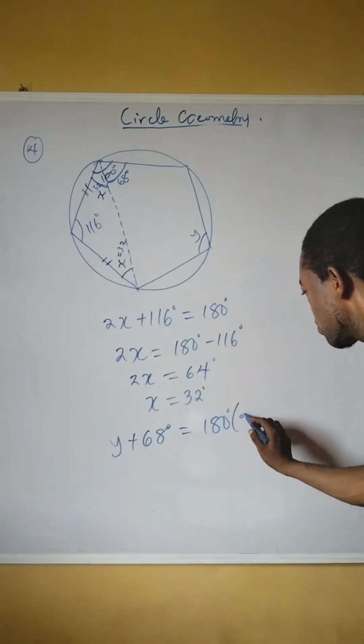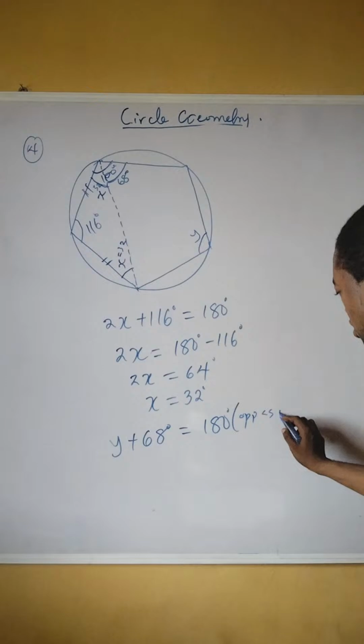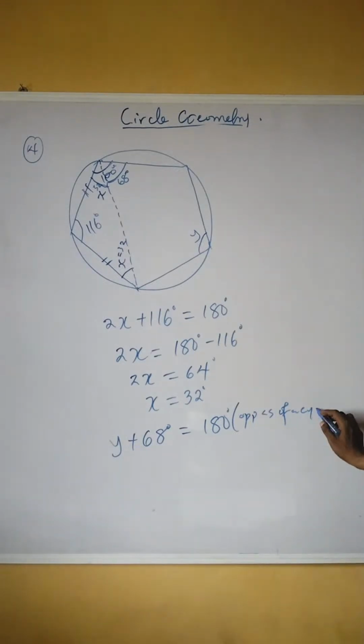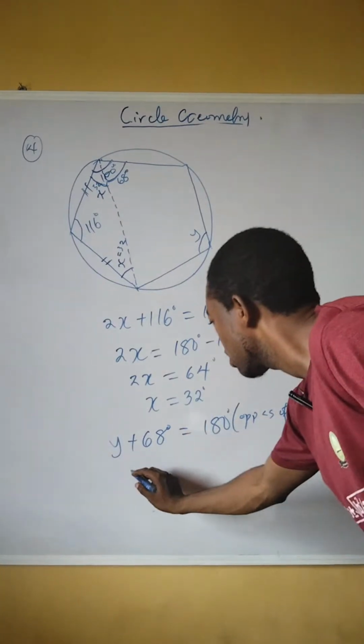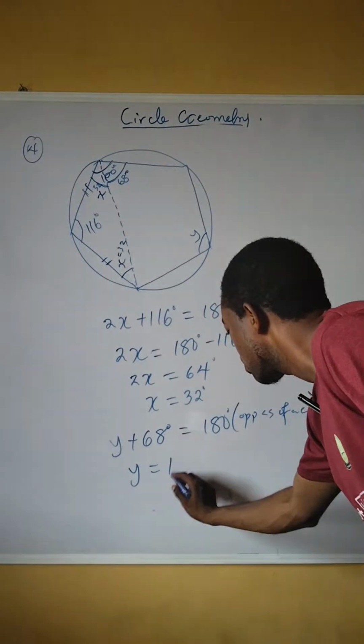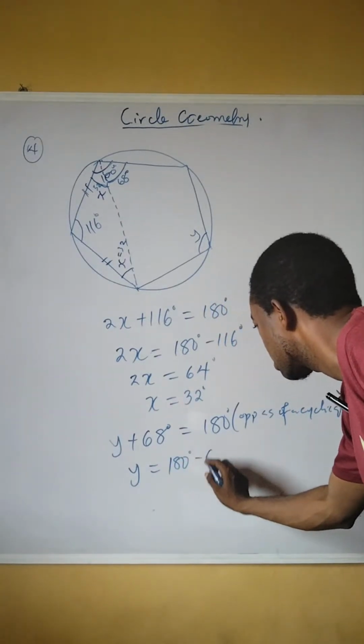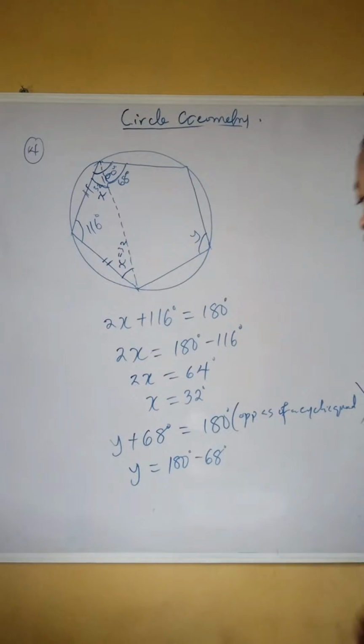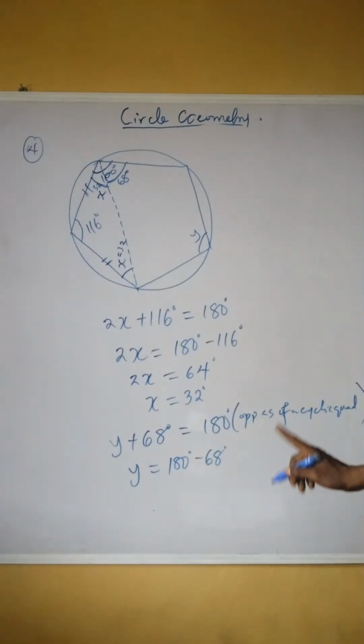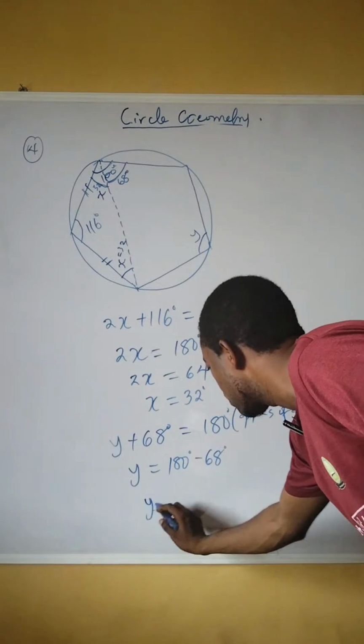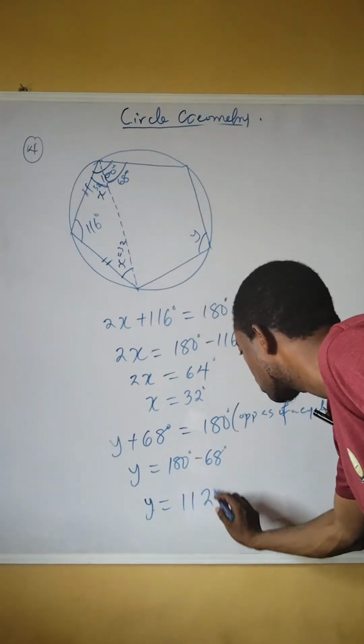Taking 68 away, we have y equals 180 degrees minus 68 degrees. That's 112, right? Yes. That's y equals 112 degrees.